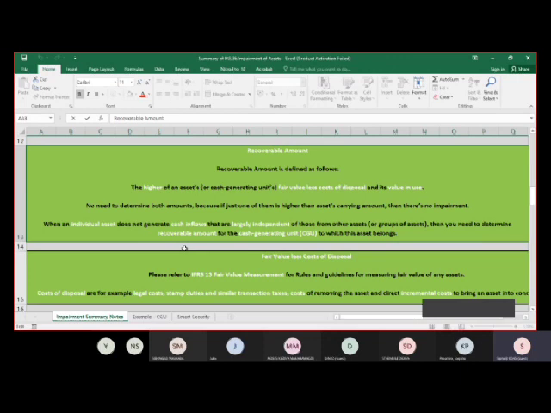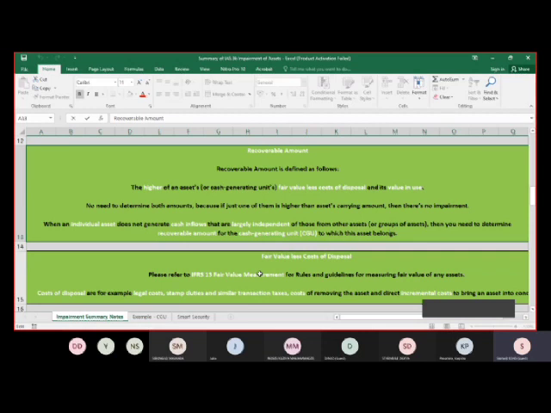Then obviously you'll discount the net difference to get the present value, meaning the value in use. Also, if that asset does not generate cash inflows that are largely independent of those from other assets, you can't even determine the fair value of that asset less the cost of disposal.